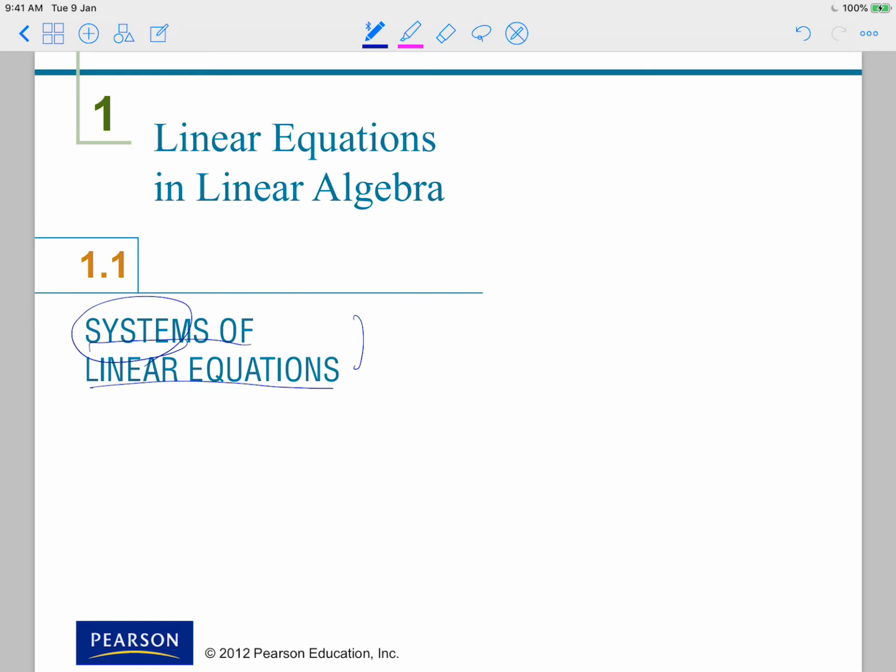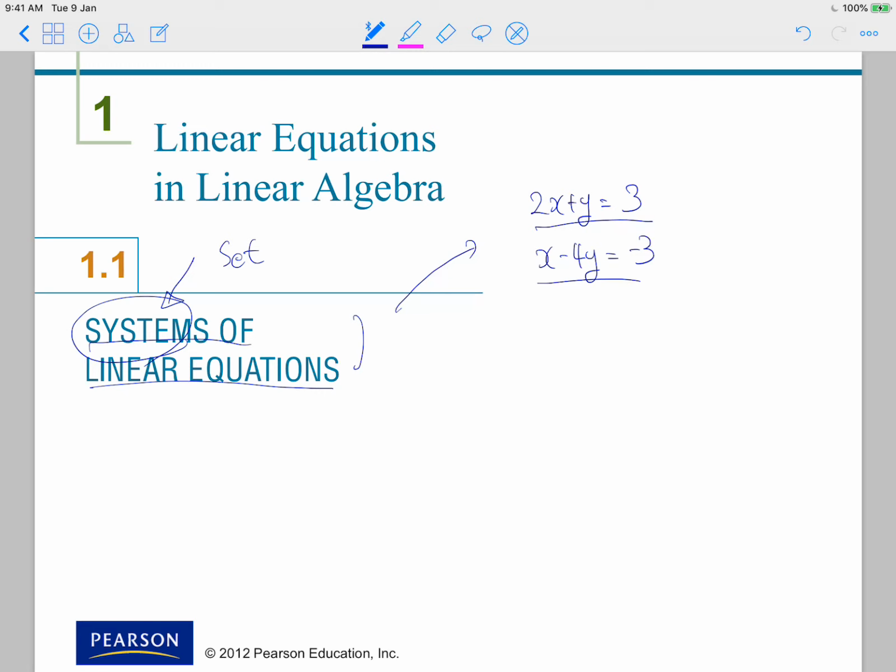We may not have a good idea about what systems mean, but you can just think of it as a set of linear equations. A simple example of this set of linear equations and solving it is something like this.